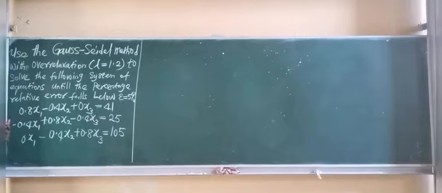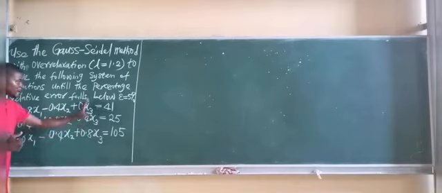Another thing you should have in mind is that the system of equations can be scattered. You could have 0.4x2 coming first, maybe x1 here and then x3 in the middle. All you need to do is arrange the system of equations such that you have x1, x1, x1 on this whole side of the equation, then x2, x2, x2 on the middle side, and then x3 on this other side.